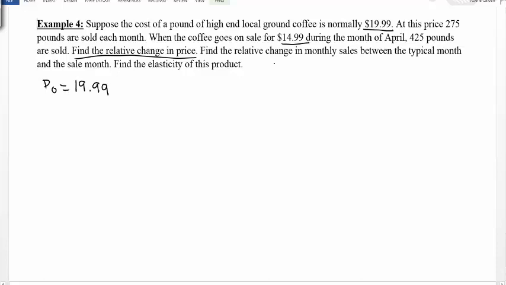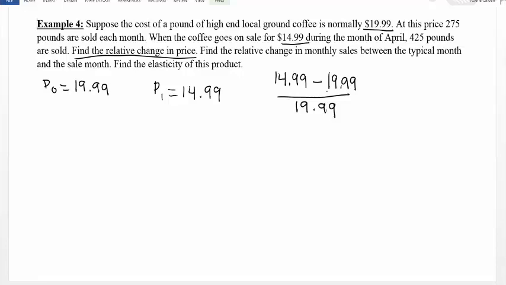The new price is the price that we have when it goes on sale. And so that price is going to be our $14.99. Putting those together in our formula, we get $14.99 (P1) minus $19.99 (P naught) divided by $19.99, or P naught. So here again, we're going to very carefully crunch that number in our calculator.